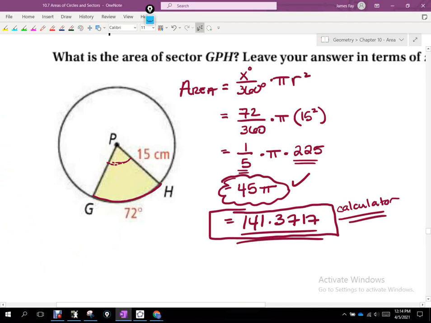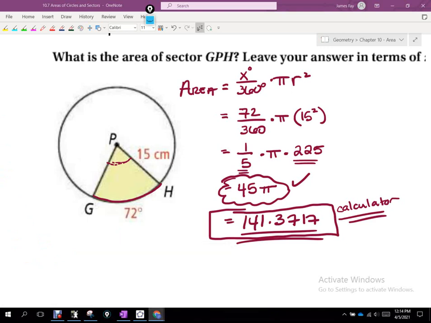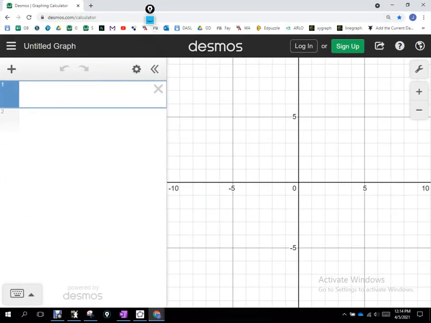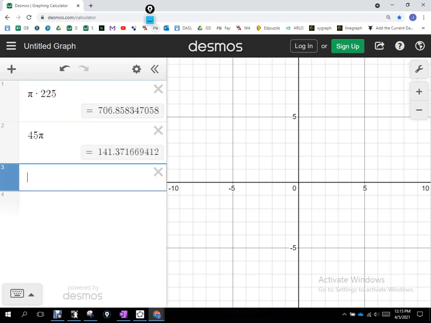Let's do it this way. We'll use our calculator to make this connection. So if I go pi times r squared, r was 15, so 225, right? Okay, and we just got 45 pi as our answer.